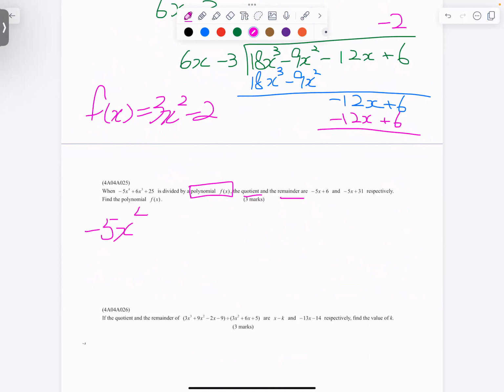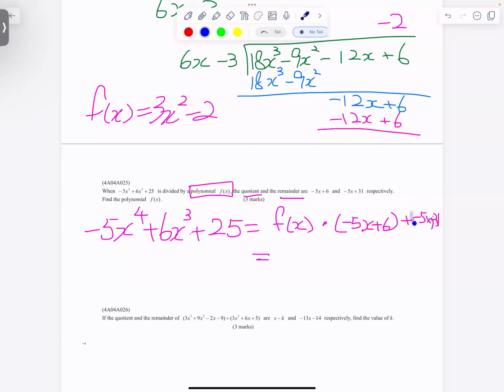So that long thing. And then the remainder goes to the other side first.